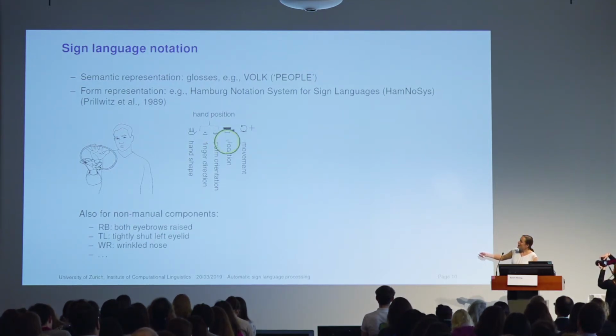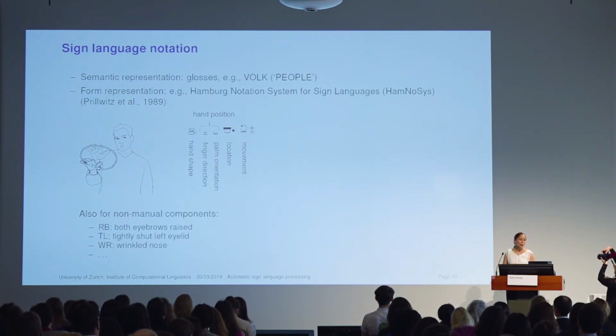Here, in this case, it's being performed around this region and to the right of my body. And then we have information about the movement, which in this case is a circular movement that is repeated once. Altogether, this gives us information about what's going on.